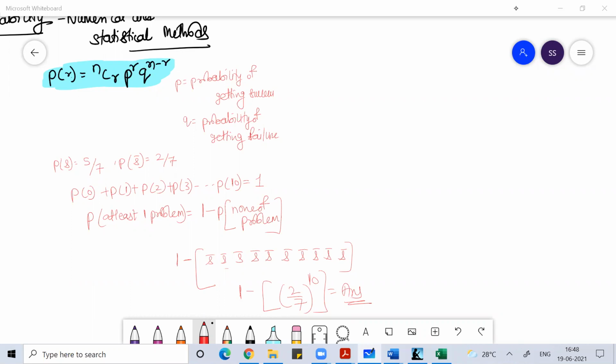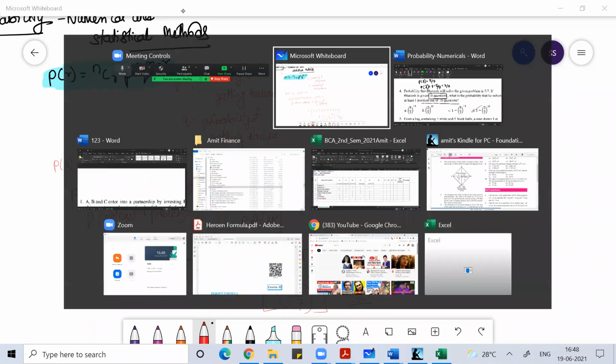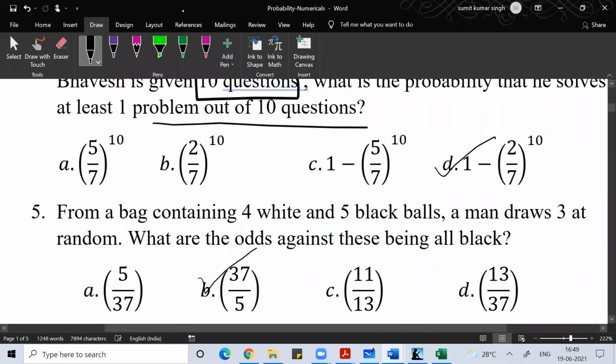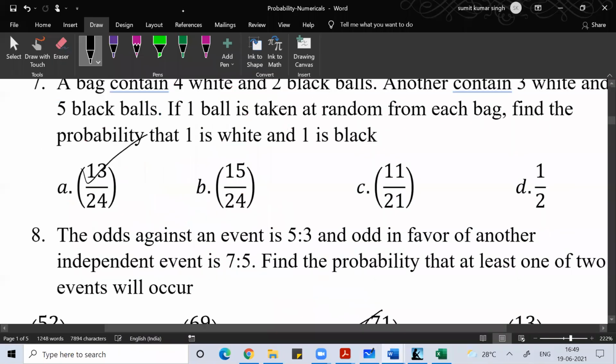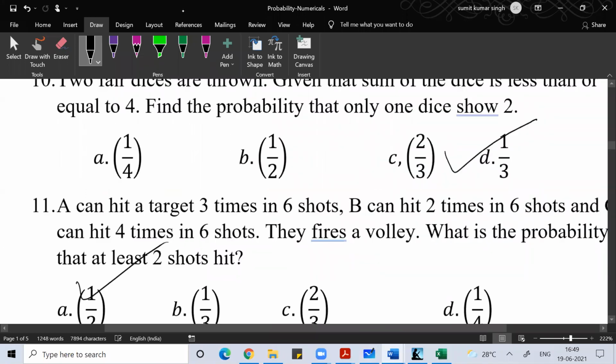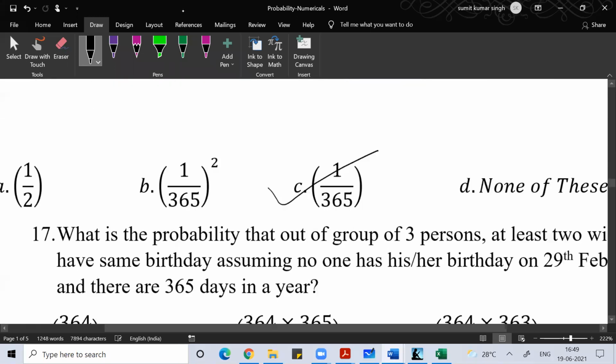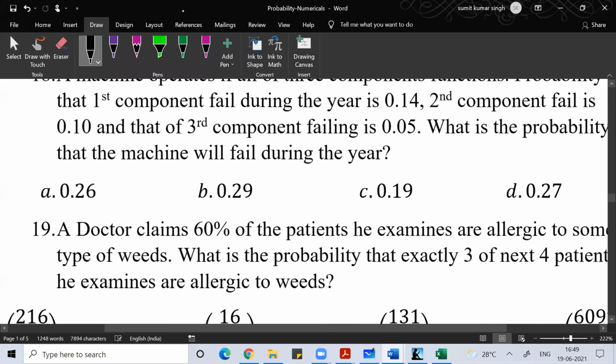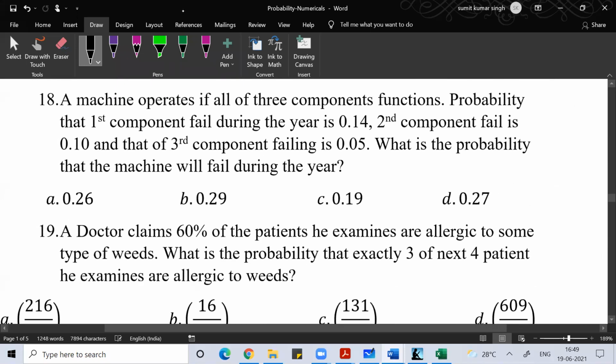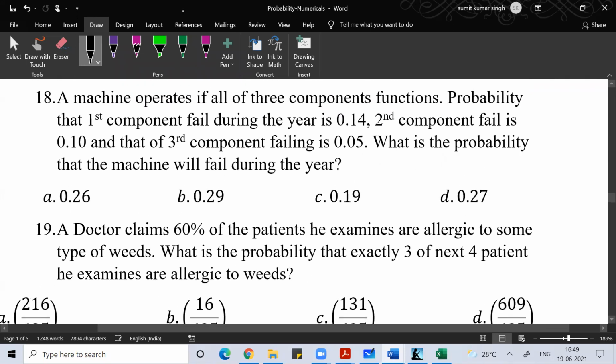Anyone, any difficulty? Like this, if I search more questions like this, see this question 18, 19.